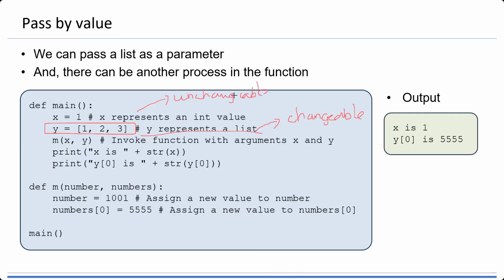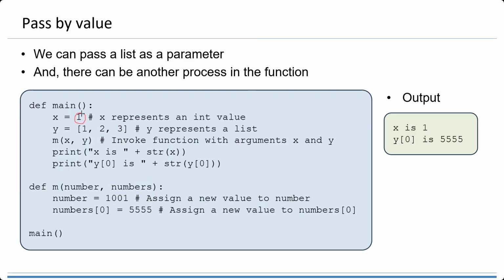Now, I'm calling another function, m(x, y). If you look at this one, the function m has two parameters. The first parameter, number. The number is from a variable x. What is x?